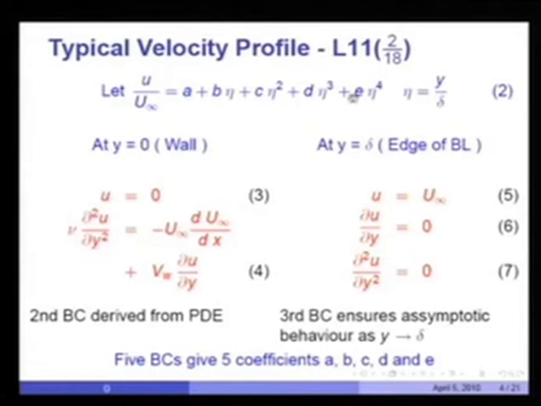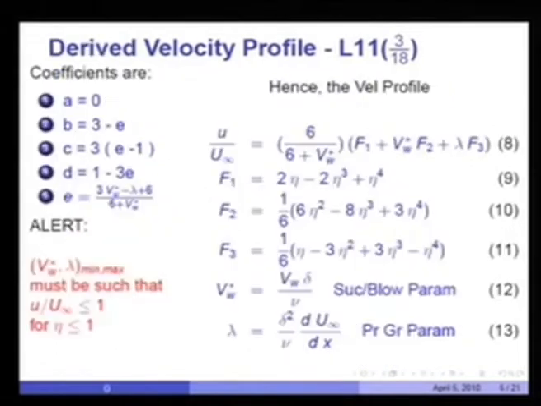Let us see what those coefficients look like. Each of these coefficients can be represented in terms of the coefficient e: a equal to 0 of course, because u is equal to 0 at y equal to 0, b will be equal to 3 minus e, c will be equal to 3 into e minus 1, d will be 1 minus 3 e, and e will equal 3 times v w star minus lambda plus 6 divided by 6 plus v w star.